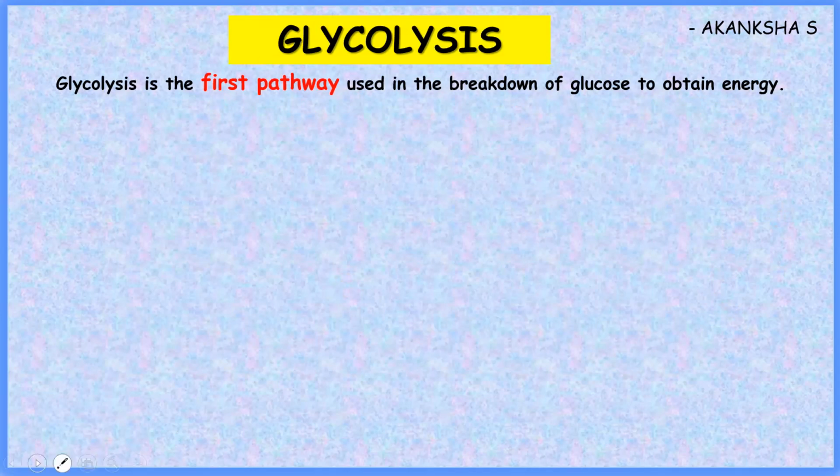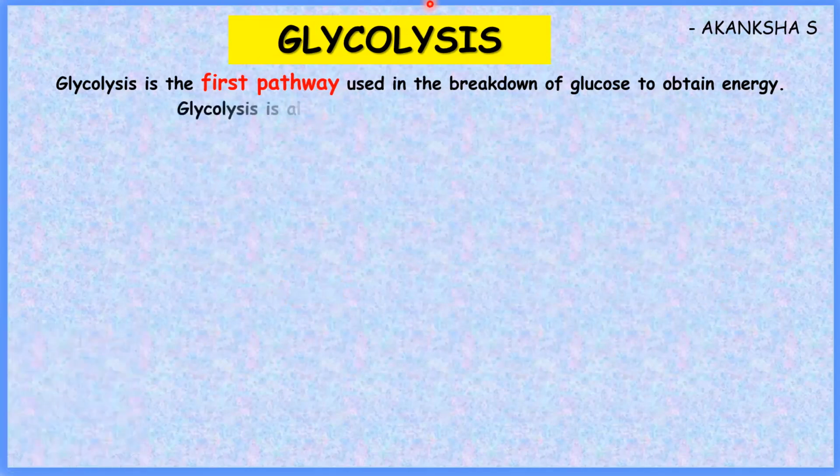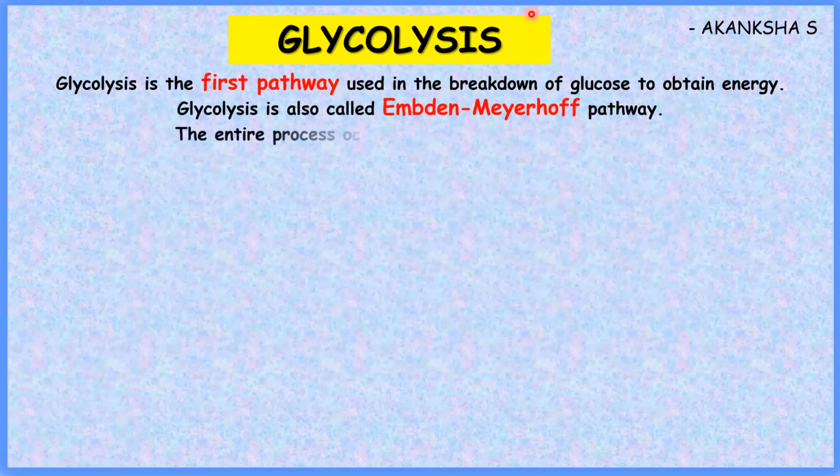Next point that we have over here: glycolysis is also called the Embden-Meyerhof pathway. We also call it the EMP pathway. That's the alternative name. The entire process occurs without molecular oxygen. So this itself should give you an idea that glycolysis is not occurring in mitochondria.